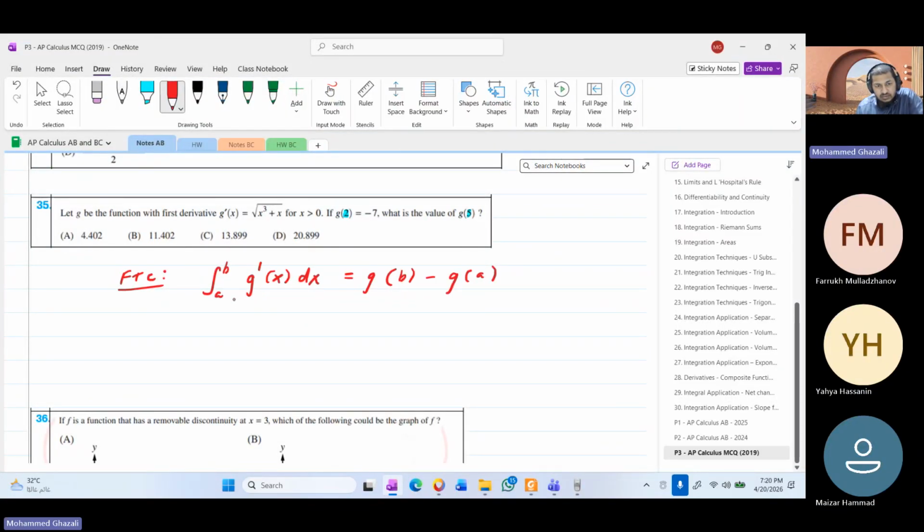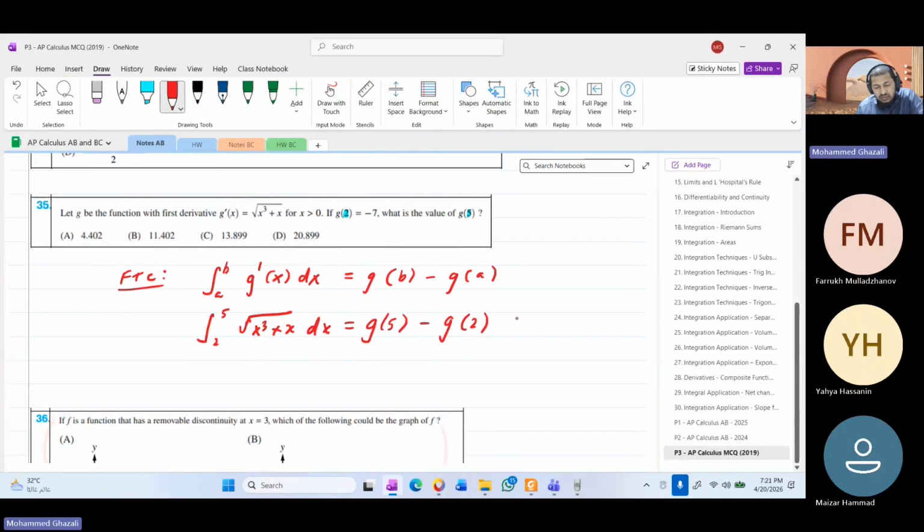Now let's substitute everything. The integral from a to b is the integral from 2 to 5 of g prime x, the cube root of x cubed plus x dx, equal to g of the upper value, g of 5, which we want, minus g of 2.